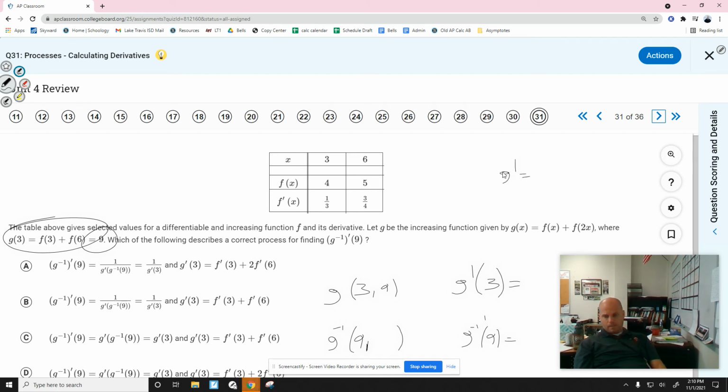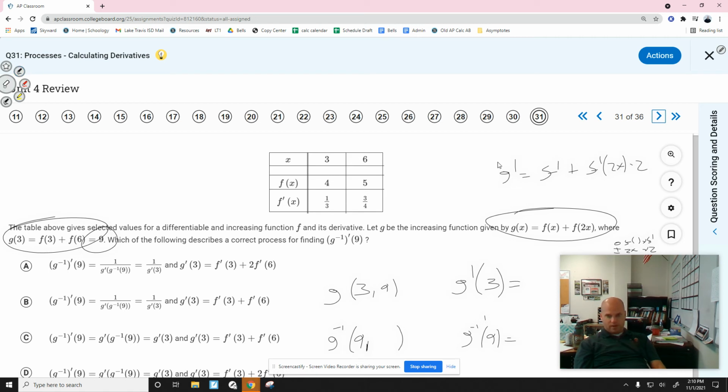What's g prime? I'm taking the derivative of this: f prime of x, plus, it's a chain rule, f prime of 2x times 2.